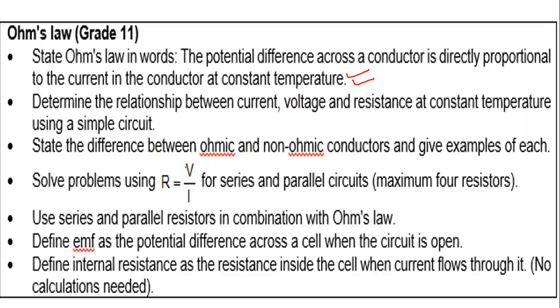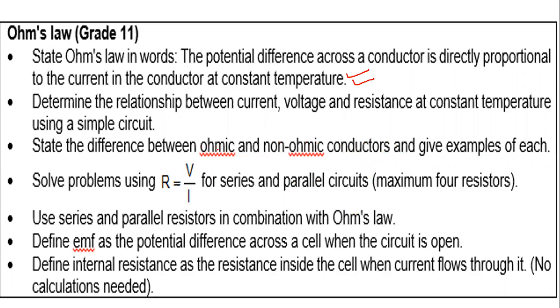And then we must know the differences and state them between ohmic as well as non-ohmic conductors and give examples of each. And that is where we talk about ohmic conductors, which are those conductors that obey Ohm's law, or non-ohmic conductors, which are conductors that do not obey Ohm's law. And we also know the examples altogether. For example, for ohmic conductors, we know that pure metals like copper are ohmic.